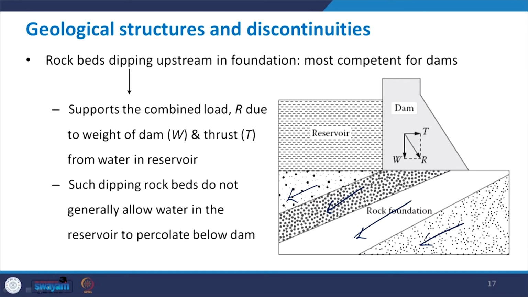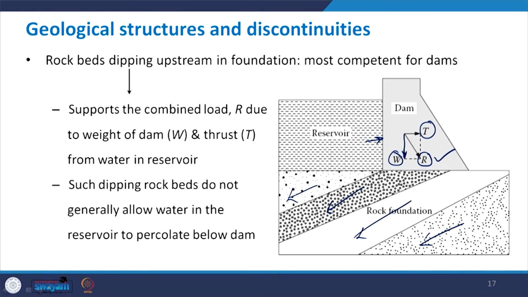This is the most competent for dams because it supports the combined load R, which is due to the weight of the dam W, acting in the vertical direction, and the thrust T from the water in the reservoir. So the resultant of T and W is given by R, and this rock bed has to support this combined load R.